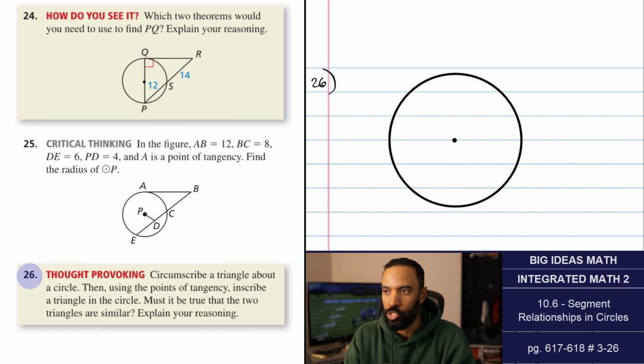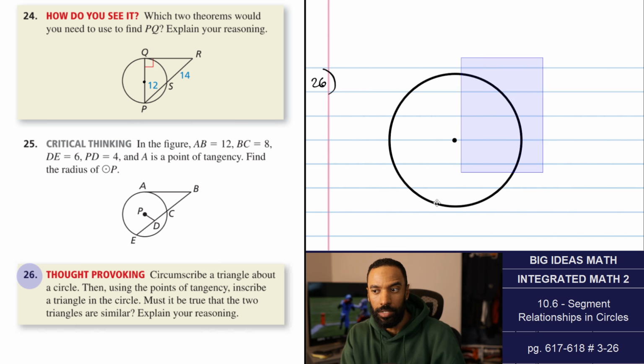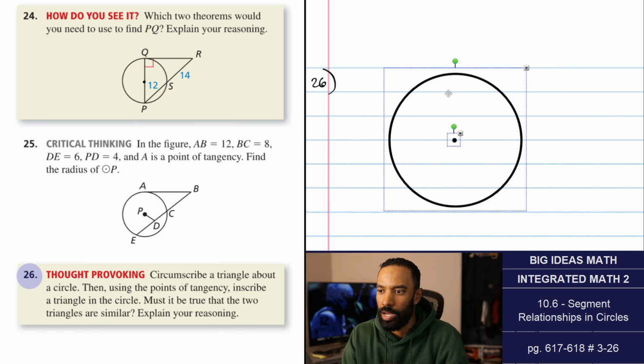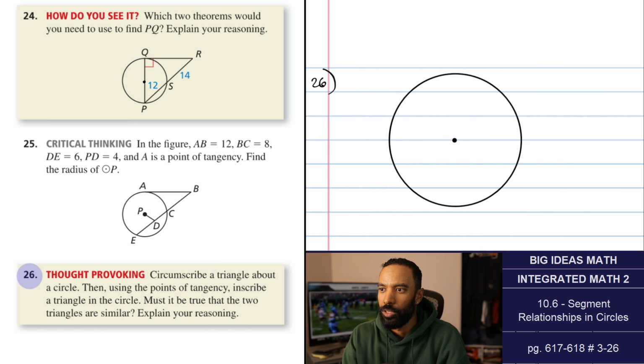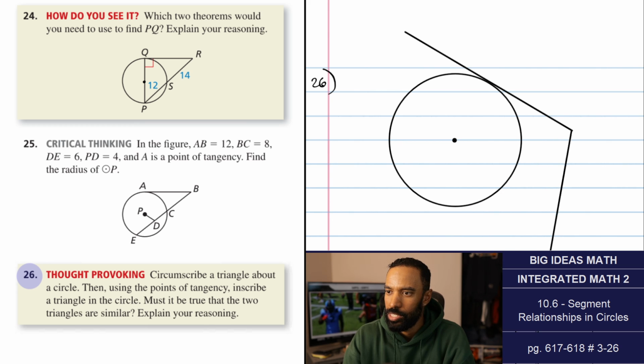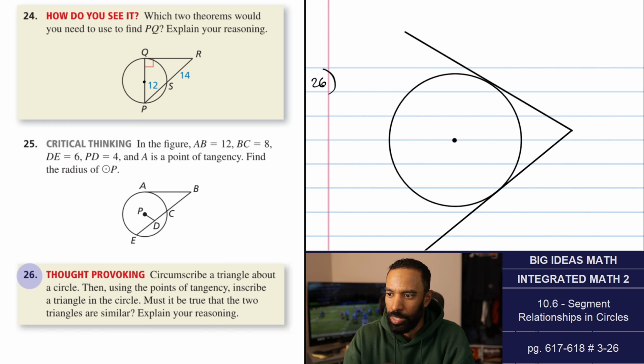Circumscribe a triangle about a circle. Any one? Okay. I'll keep that one a little thicker there. Let's do just a random set of 3. Just boom, tangent, boom, tangent, and this one needs to meet with that other one there later.